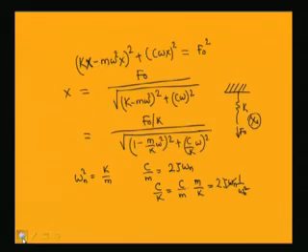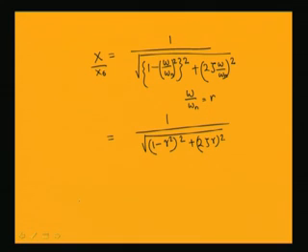So, from this you know that the dynamic amplitude, or the amplitude of response, is equal to F0 by k, or x0, by root over (1 minus r square) whole square plus (2 zeta r) whole square. This is an important equation which you should remember.